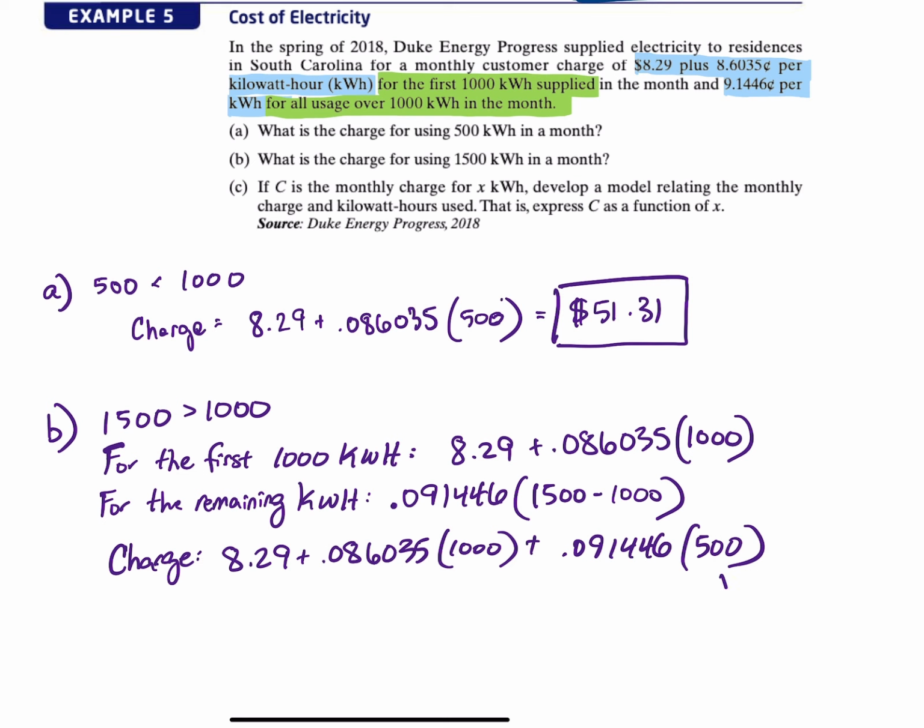Well, we could express that as our total amount, 1,500 minus 1,000. So if you plug this in, you should get $140.05.